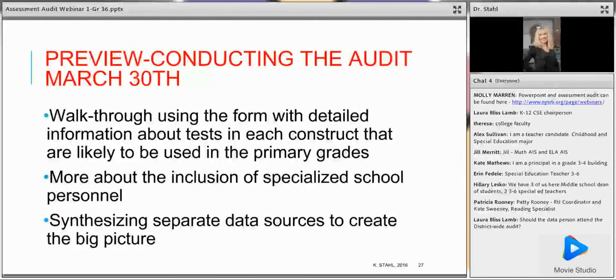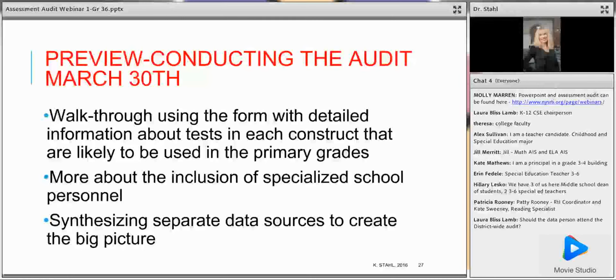Again, when you talk about these specialized school personnel, that's another reason and another incentive for the district to do this. Because if you want to train and get some specialized diagnostic tests for your special ed teachers and really refine what those special ed teachers know how to do diagnostically so they can get stronger outcomes with their kids, you can't do that school by school.